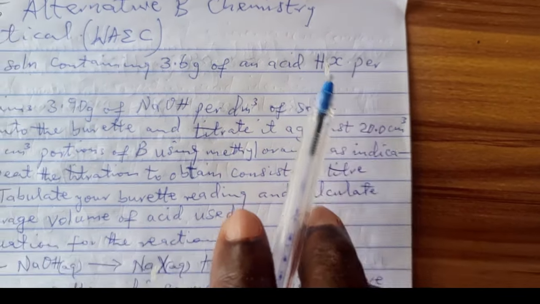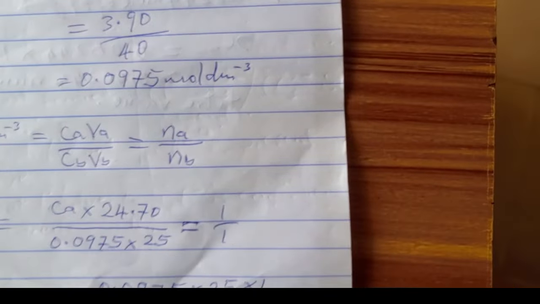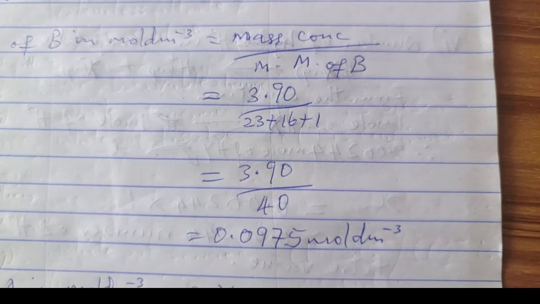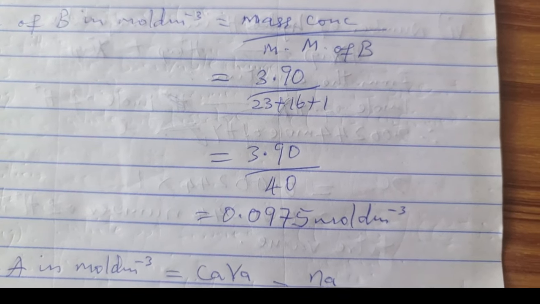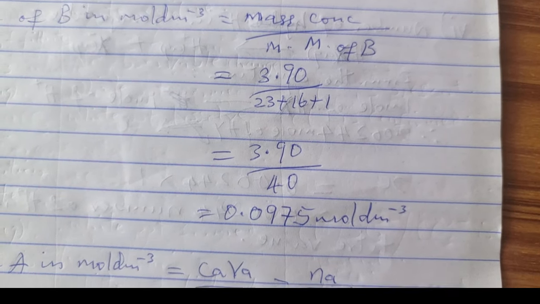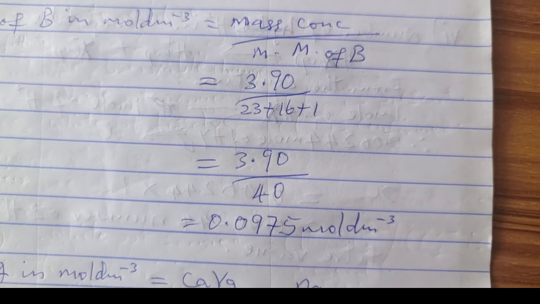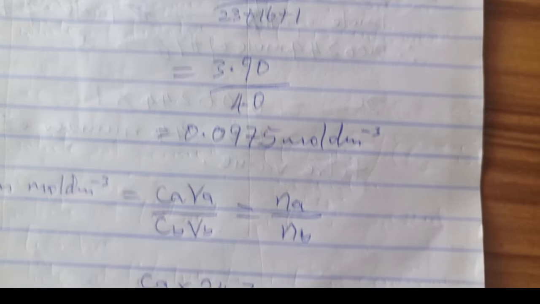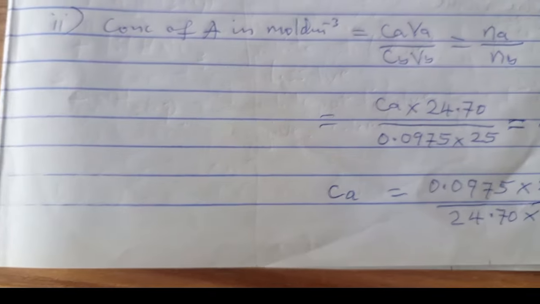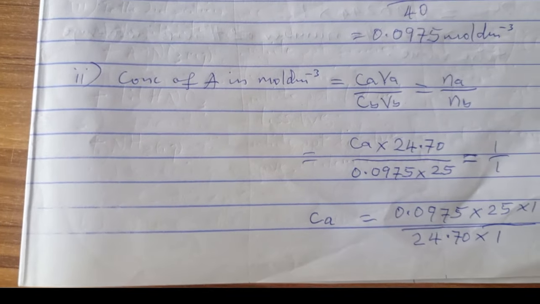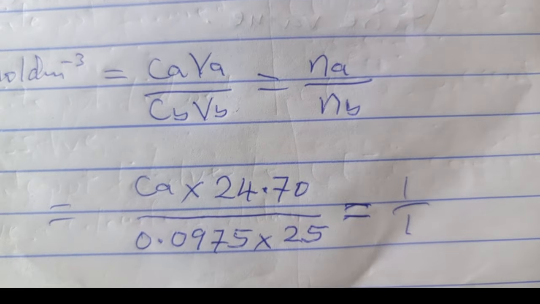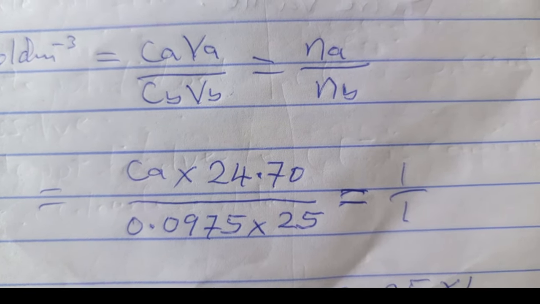Because of that, I will not use the formula that I was using in calculating that of B, which is this one we are looking at now. Adding all the atomic masses of all those elements in B gave me the molar mass of B. But in this one, I cannot add because I don't know X. So instead, I will use the formula that I know will lead me to the correct answer, which is CaVa all over CbVb equal to Na over Nb.